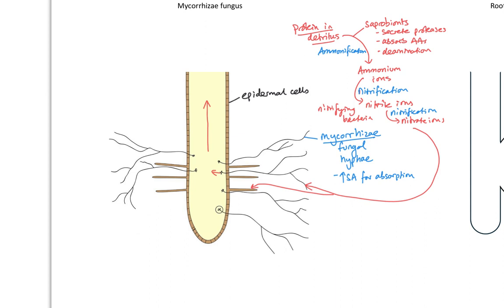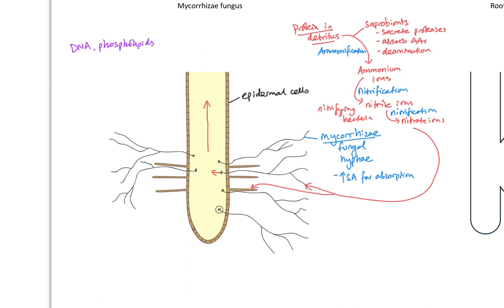So let's do the phosphorus cycle. So instead of starting with proteins in detritus, I'm going to start with something that contains phosphorus. If I had to name things that contain phosphorus, well, DNA does, phospholipids do as well.